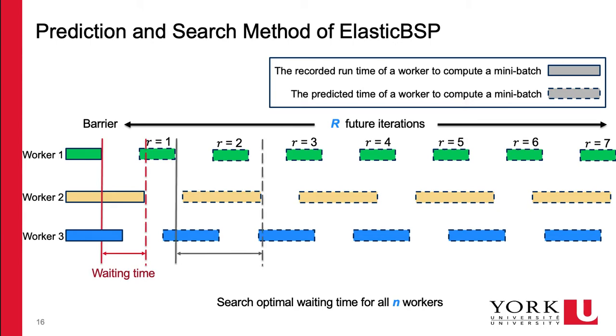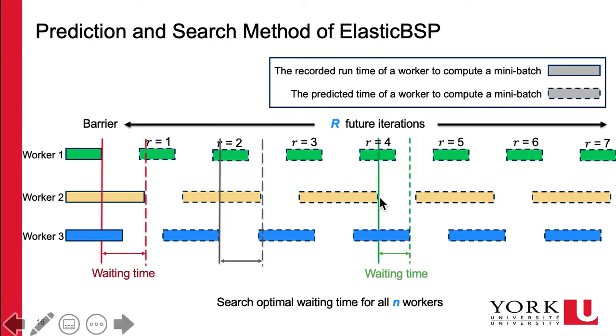Then we can search for the minimum waiting time among these R future iterations. In the end, we find this green barrier, which yields the minimum waiting time. And that is our ElasticBSP.